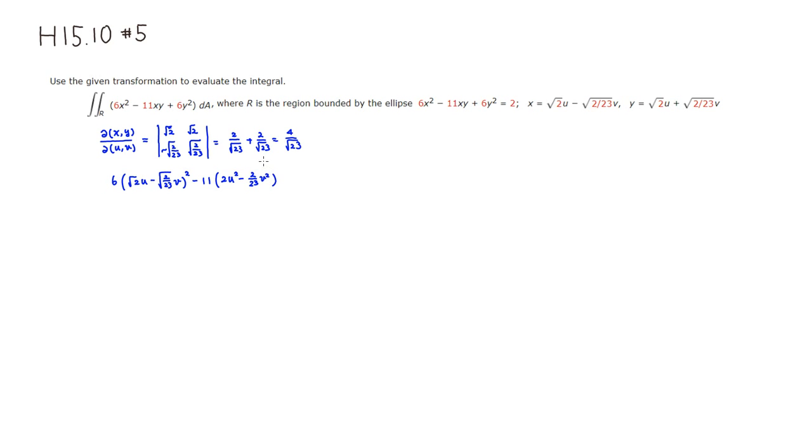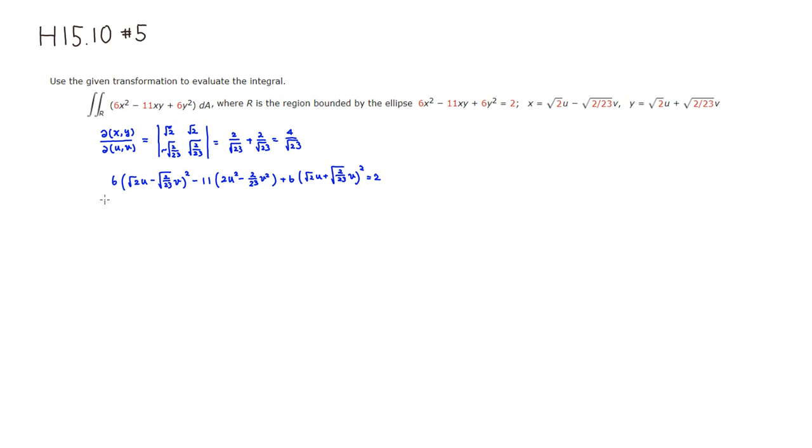And plus 6 times y squared, so square root of 2 u plus square root of 2 over 23 v, squared. So this is equal to 2.